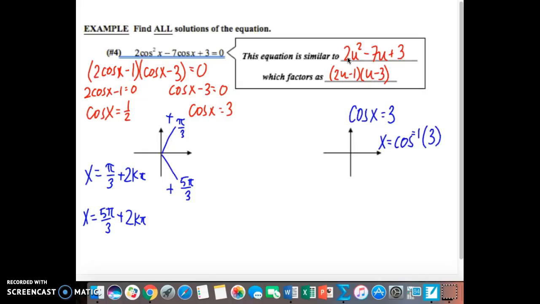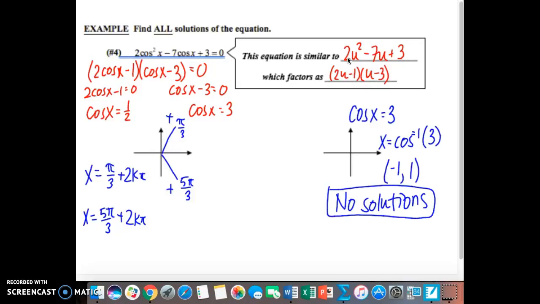But thinking of the domain of cosine inverse, we know that the domain is between -1 and 1. With this being said, there is no solution. So the only real solutions we have are the ones we originally found for cosine of x equals 1/2.